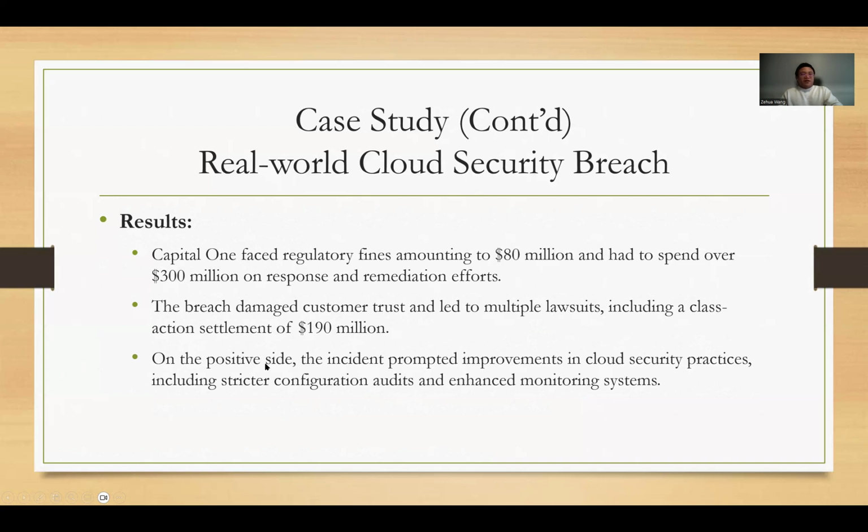On the positive side, however, the incident prompted improvements in cloud security practices, including stricter configuration audits and enhanced monitoring systems. This case highlights the critical need for proactive security measures, such as regular audits, proper configuration management, and robust threat detection systems.